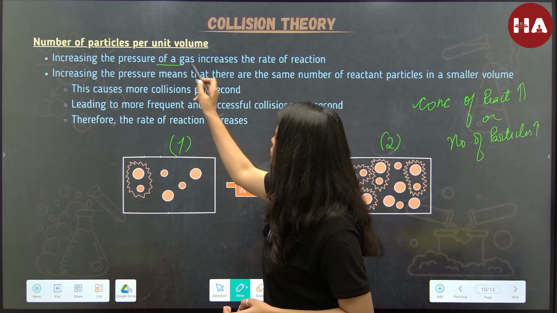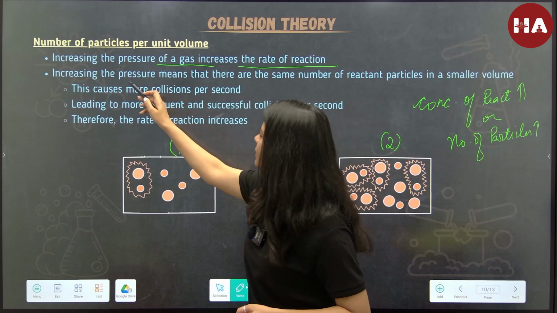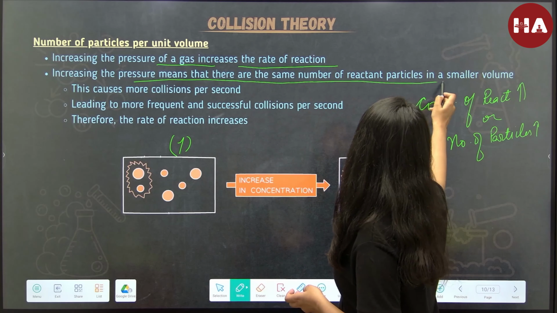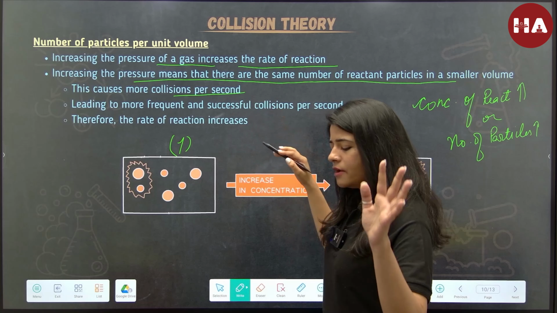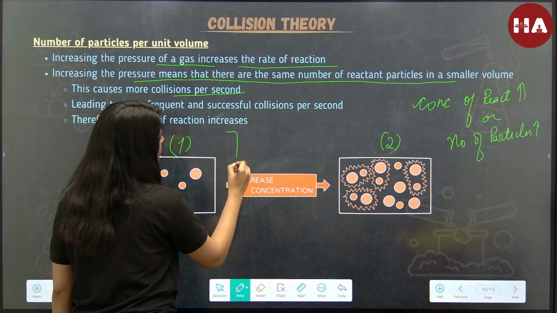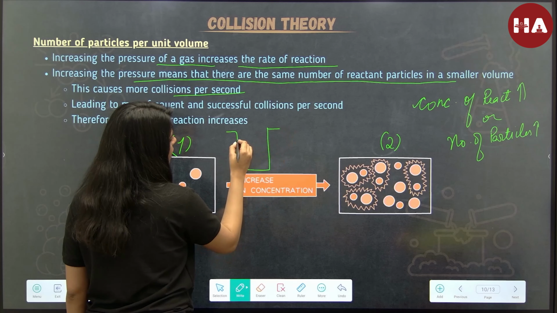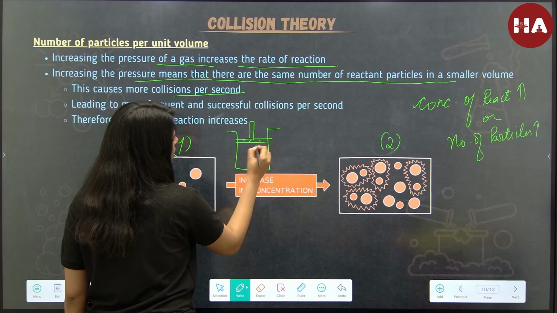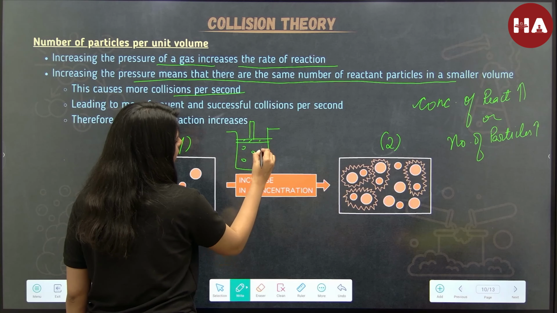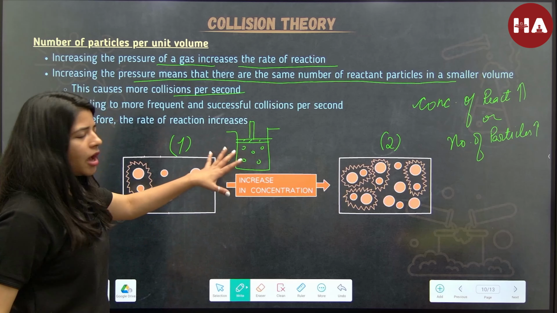Increasing the pressure of a gas increases the rate of reaction. Increasing the pressure means that there are the same number of reactant particles in a smaller vessel. This causes more collisions per second. For example, if you have this vessel, initially the piston is over here, the particles are, for example, 5, but they are far apart from each other.